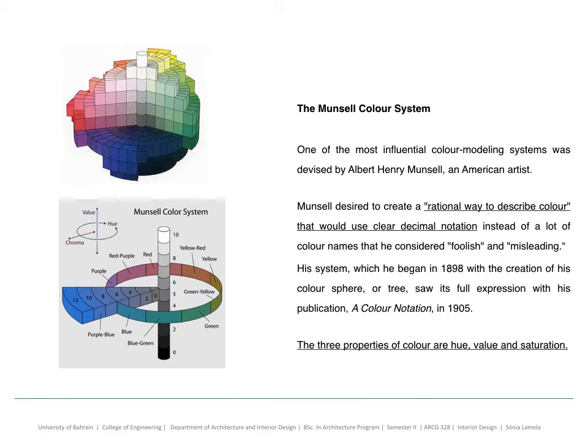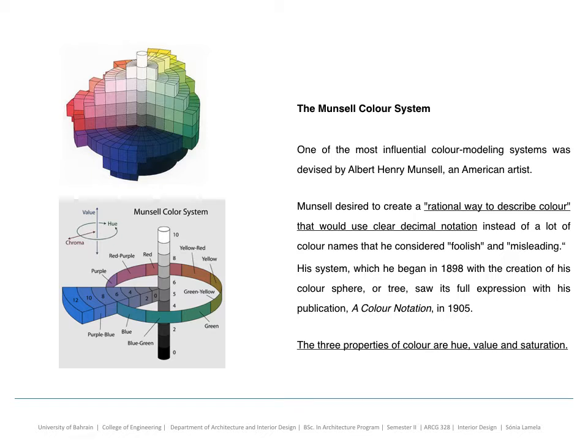One of the most well-known color systems is the Munsell color system, and this gray square that you have in front of you, I think, synthesizes this color system in a very good way. Basically this color system divides the color into three properties that are the hue, the value, and the saturation.